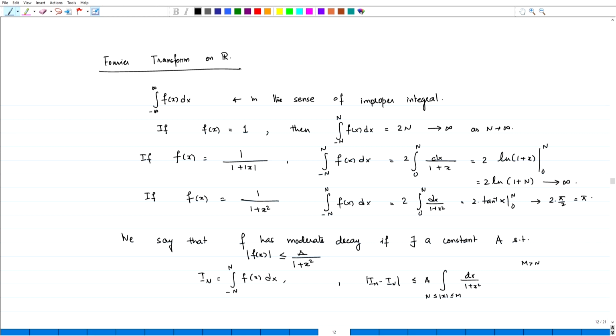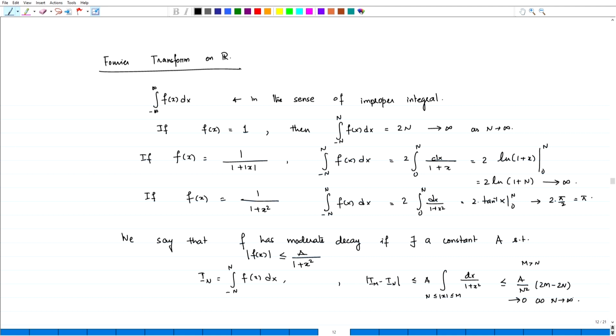So, this is less than or equal to some constant times A by n square into 2m minus 2n, and this of course goes to 0 as n goes to infinity.